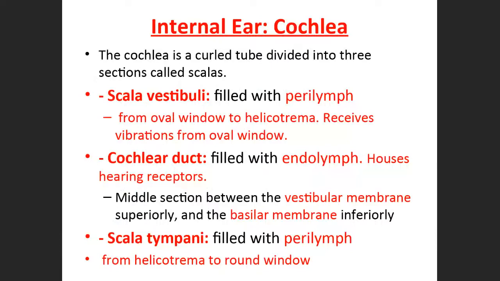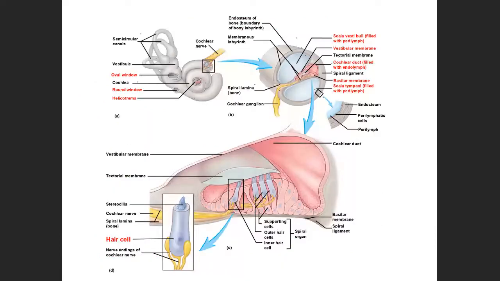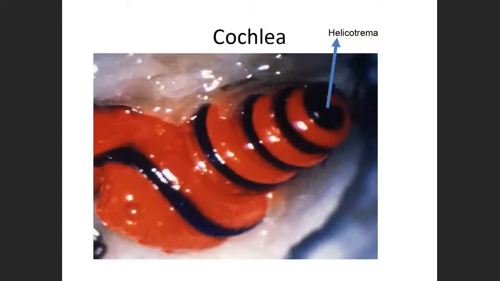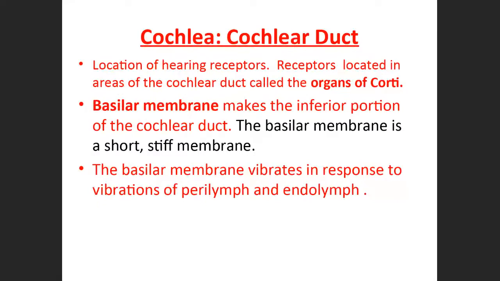Know that the organ of Corti is where the receptors are found within the cochlear duct. And there's the organ of Corti right here. You can see the little hair cells right there, with the little cilia, the tectorial membrane, and the basilar membrane. That's an actual cochlea.